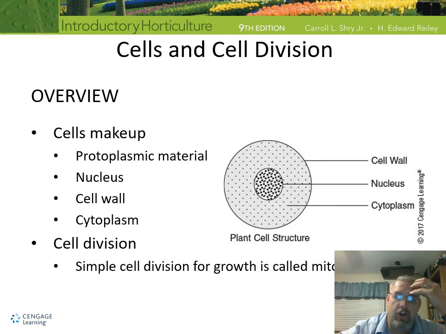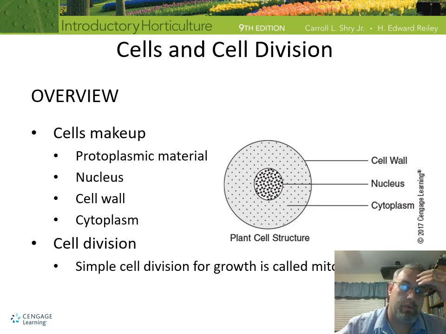And then the cytoplasm is where all of the functions of the plant take place. So that's where the cell stores its nutrients, consumes its nutrients, and generates energy. These are where the organs of the cell would be found.